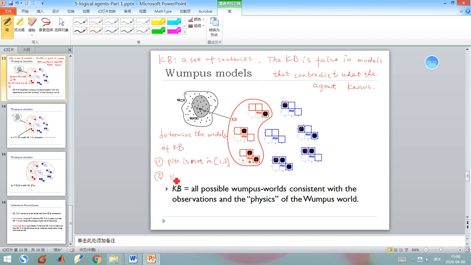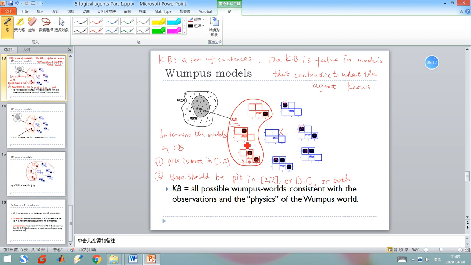And the second condition, there should be a pit in square 2,2 or square 3,1 or both, so this is also not a model of the KB. So the models of the KB include these 3 states. I use the red line to denote the models of the KB.